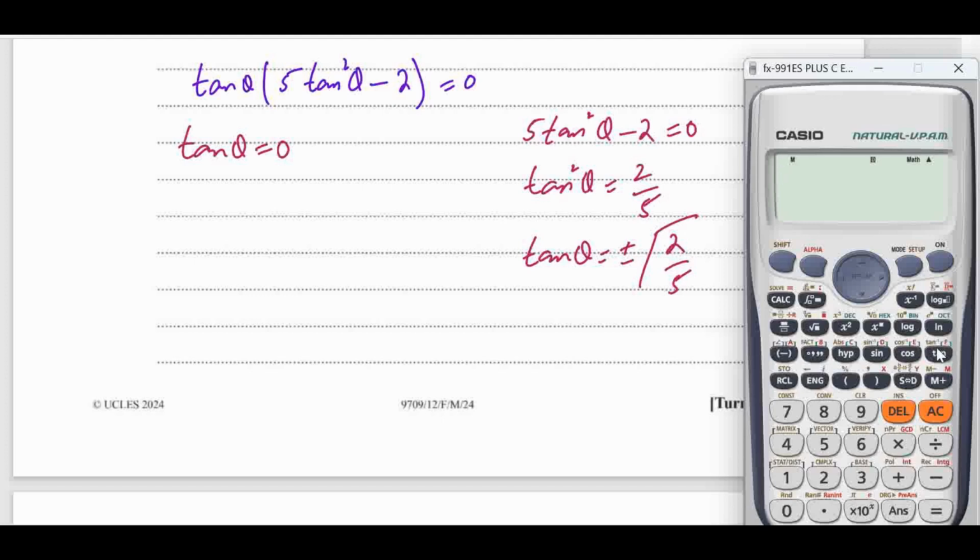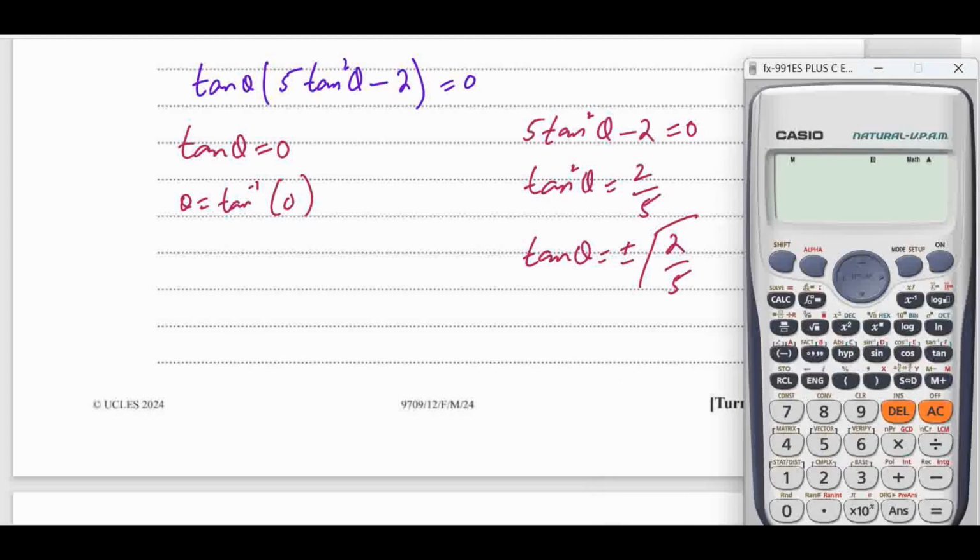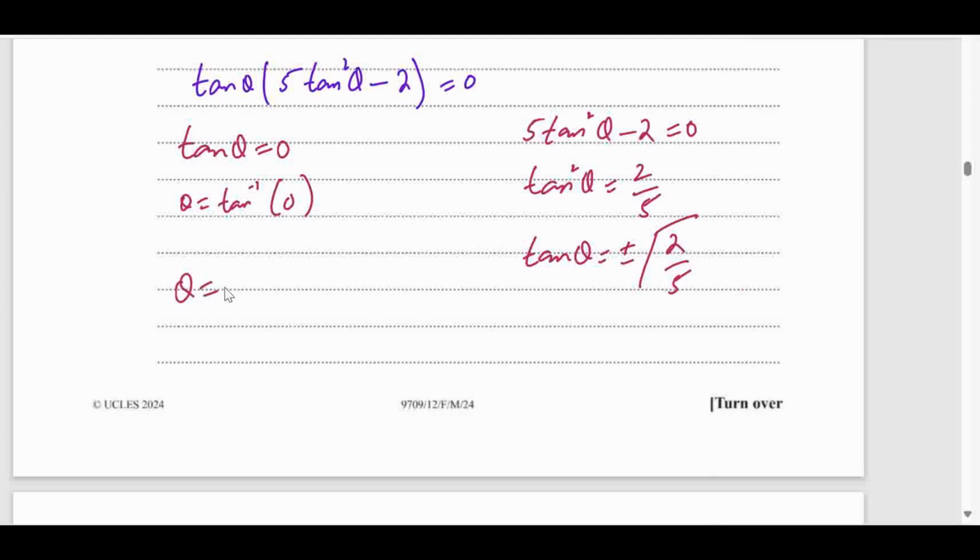Now tan theta is equal to 0, which means theta is equal to tan inverse of 0. Now tan inverse of 0, let me find the value. Tan inverse of 0 will be equal to 0. So theta here is equal to 0. This will be the first answer.